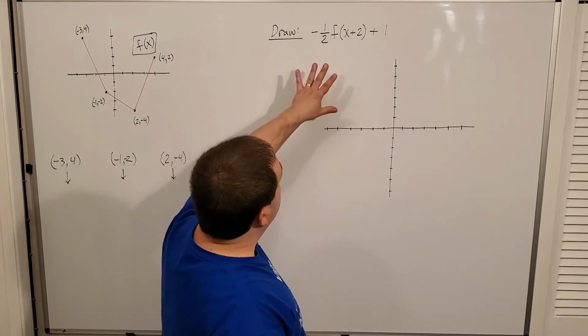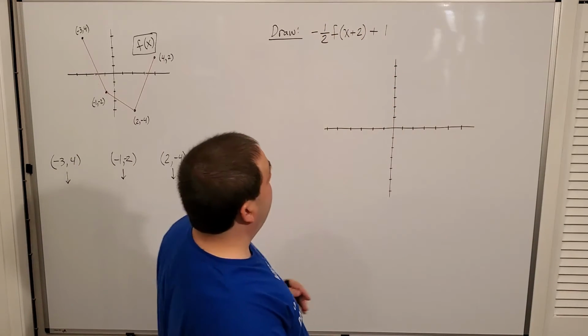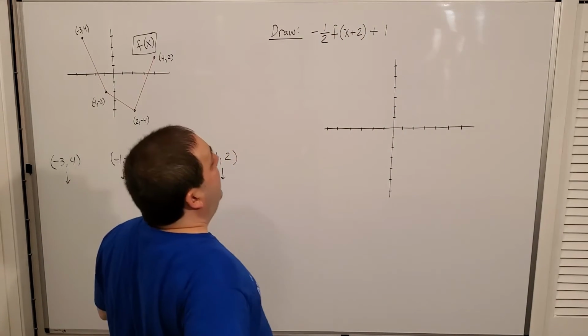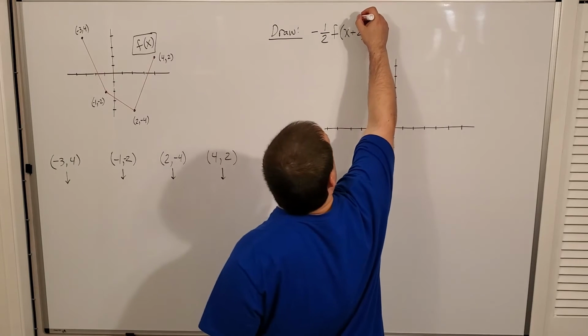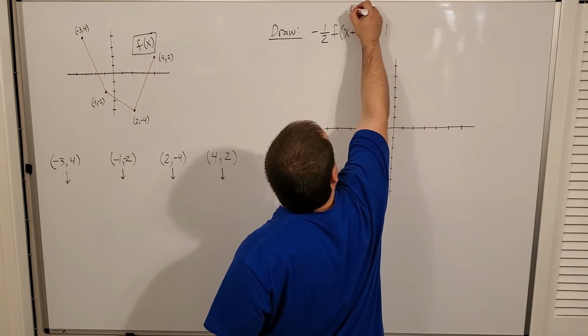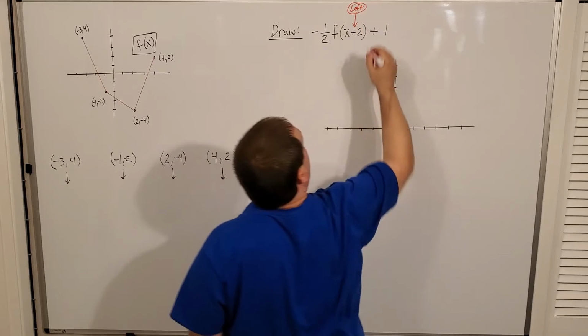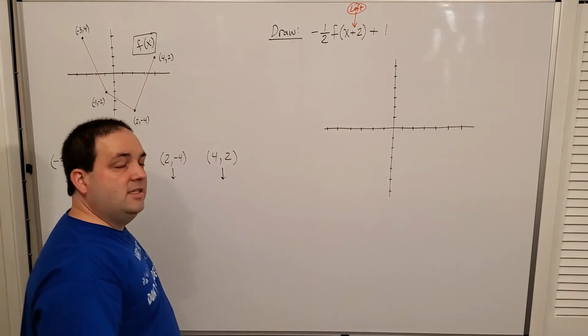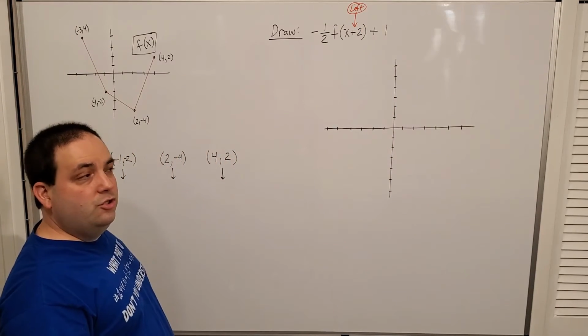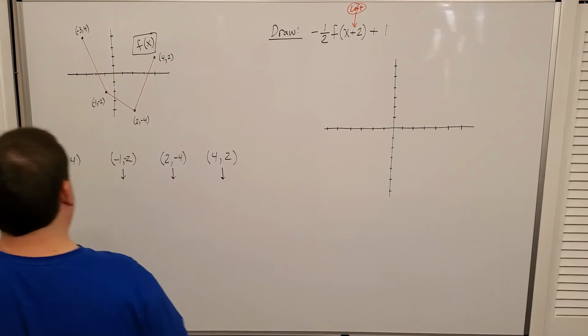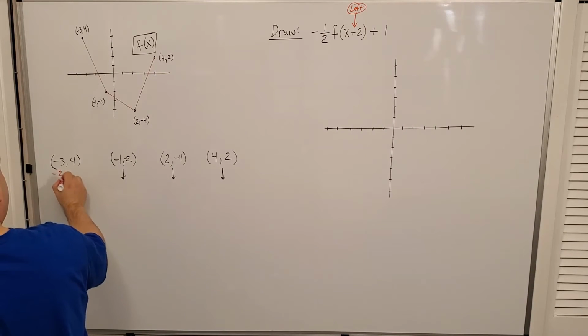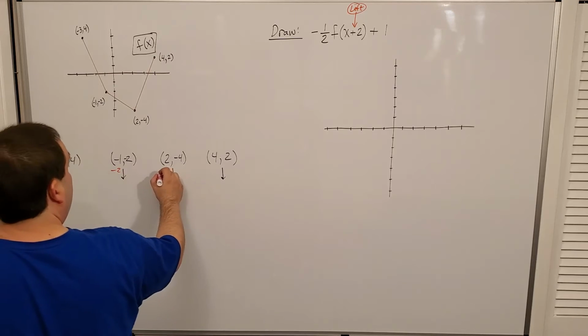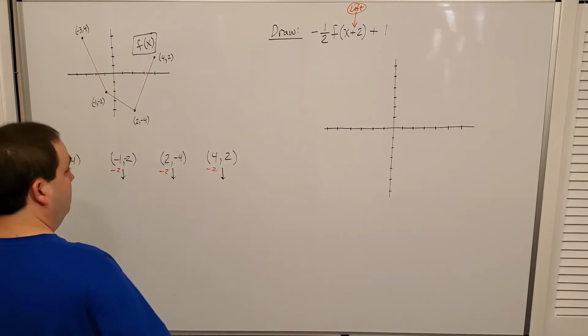So let's read what they want us to translate here. They want a shift to the left of 2. So what that means is each of my x values should get a subtraction of 2. So right here I should say minus 2, minus 2, minus 2, minus 2.